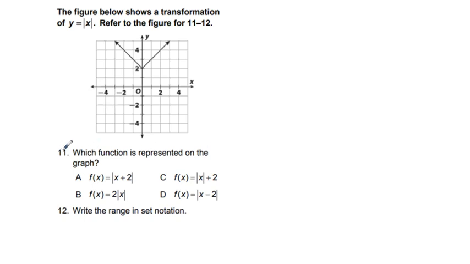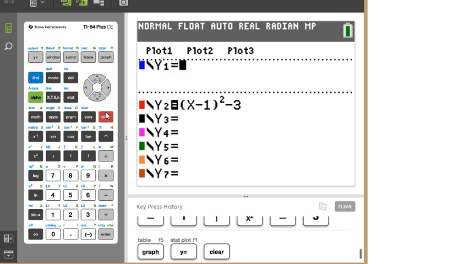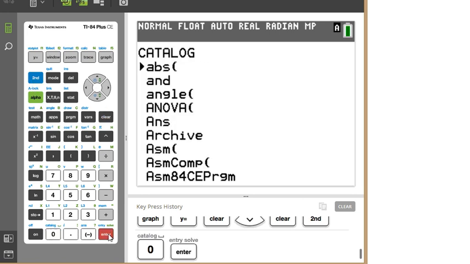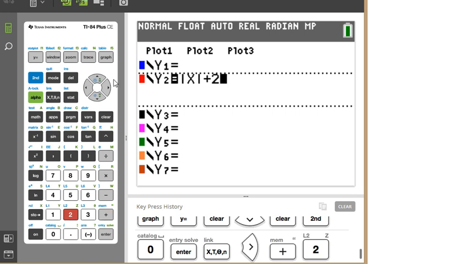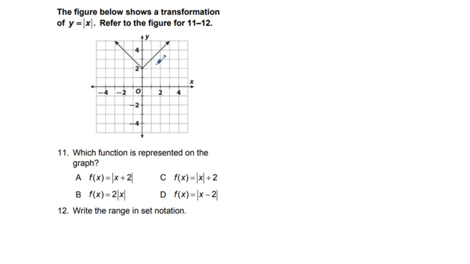There is really not a very good excuse for this, at least on number 11, because you should be able to put this in the calculator and see that absolute value of x, plus 2 is the only one that's going to match this. So C is your correct answer for this one.